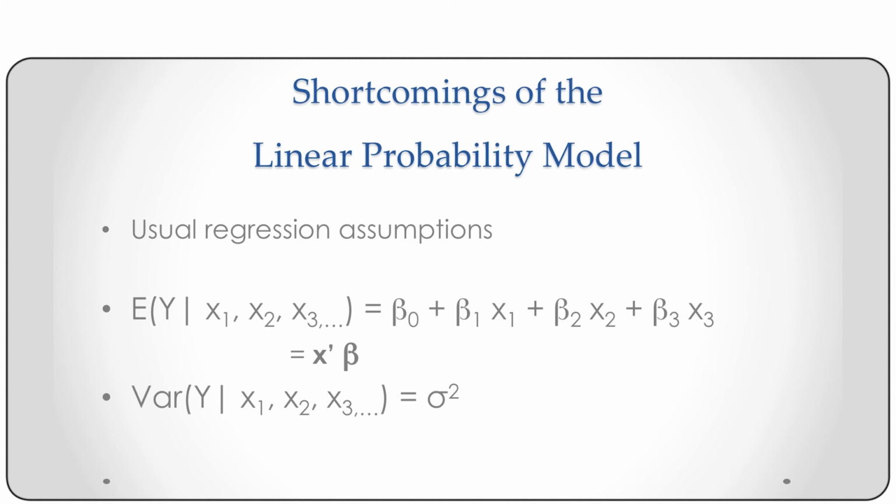The variance we know for a Bernoulli variable is pq, which is the probability of y equal to 1 multiplied by the probability of y equal to 0, which is equal to x prime beta into 1 minus x prime beta. Thus, sigma square becomes a function of x, violating the assumption of homoscedasticity.